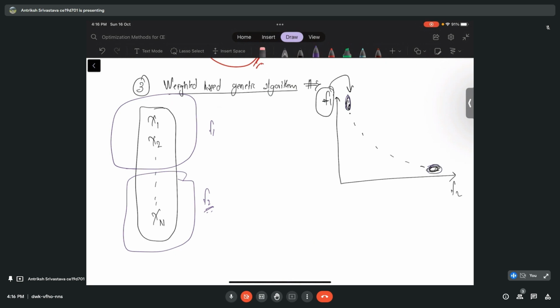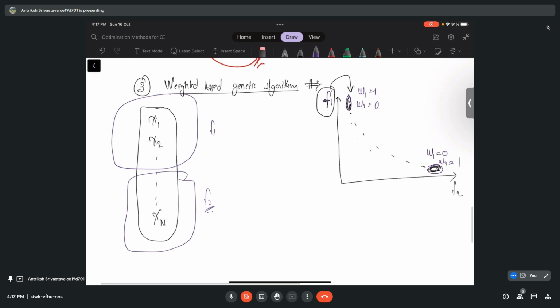So what we did was give the weightage of f1 as 1 and the weightage of f2 as 0, and in the other case we gave a weightage of f1 as 0 and of f2 as 1. So what if we give some intermediate values of weightage to f1 and f2, and see what we get?